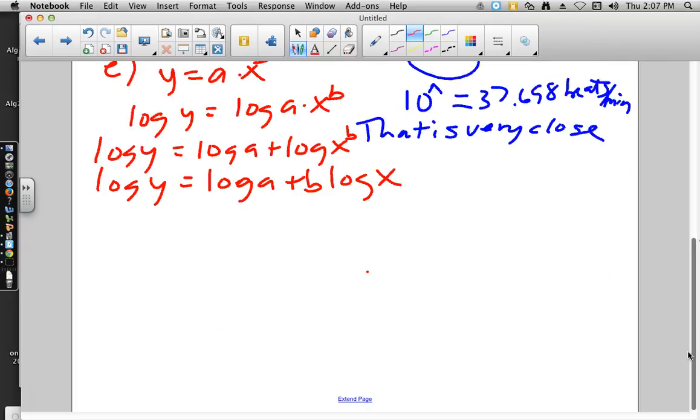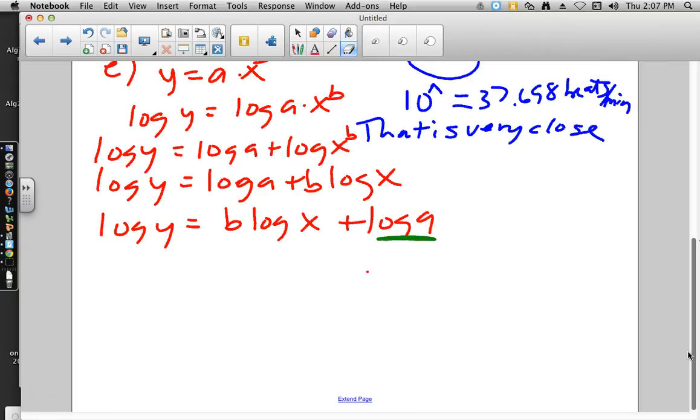And what we see is this. If I reverse these two, this says we're going to take b times the logarithm of x plus the logarithm of a. And I realize this is just going to be a number. Once we put a into that, that's just a number. This is x.